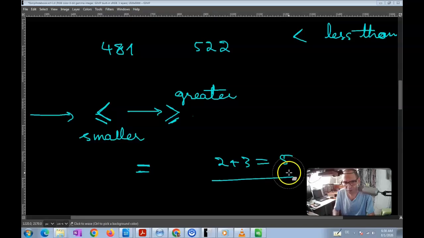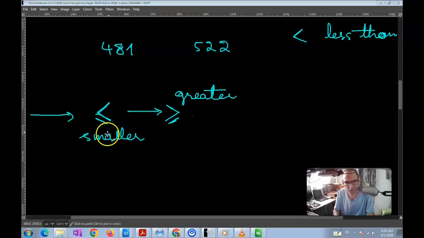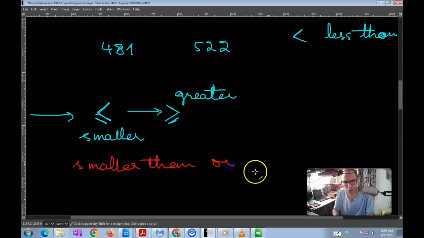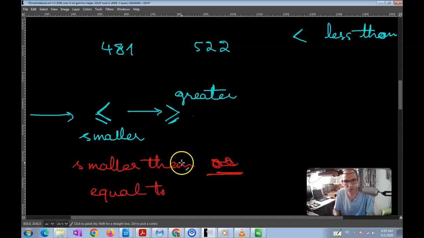If you put the equal sign over here, this becomes smaller than or equal to. And you have to pay attention to the word or. It's not an and, it's an or. We will get to the difference between and and or later on.